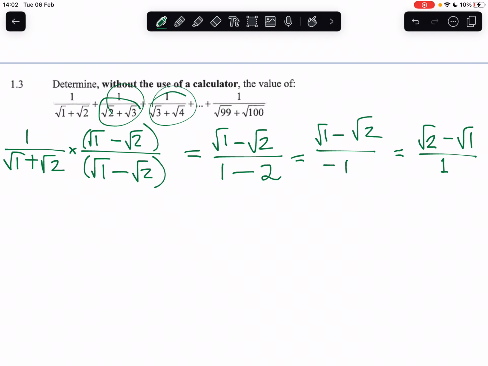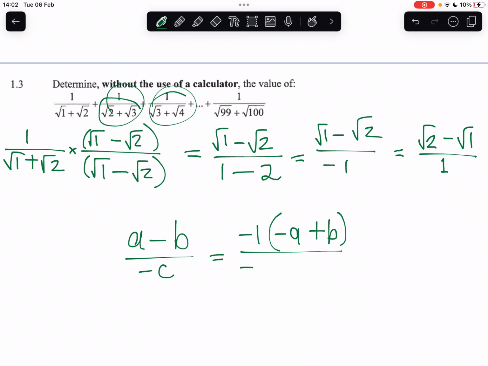Okay, if that is weird, I just want to show why that is true. If you have something like a minus b over negative c, that is the same as if you factor out a negative 1 over here. So that would be negative a plus b, and this would be a negative 1 times c.